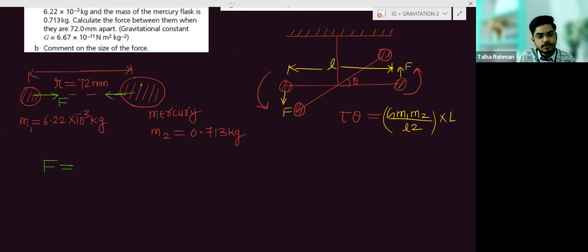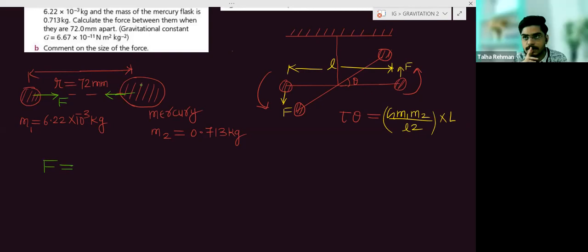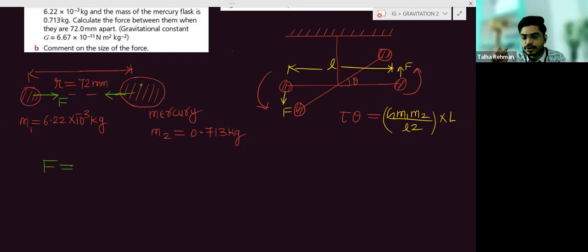What is the formula for the gravitational force between the two masses, Shafruddin? G into M1 M2 divided by R square.